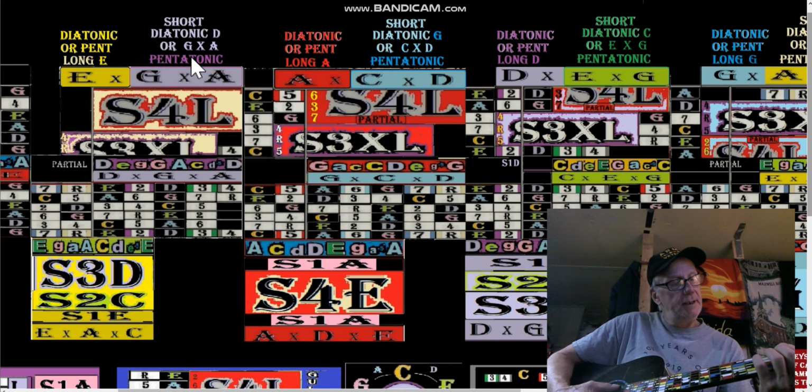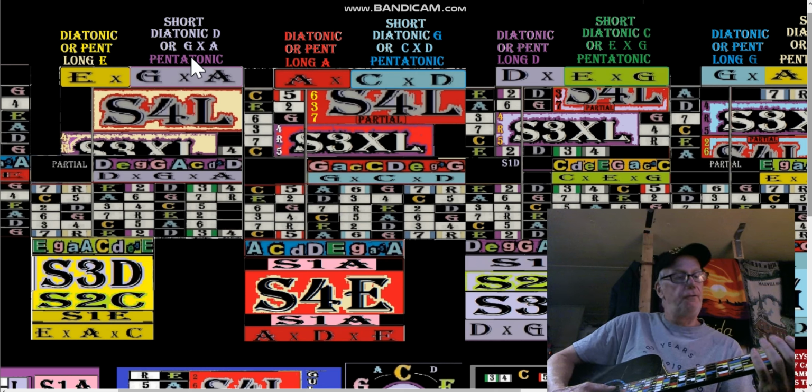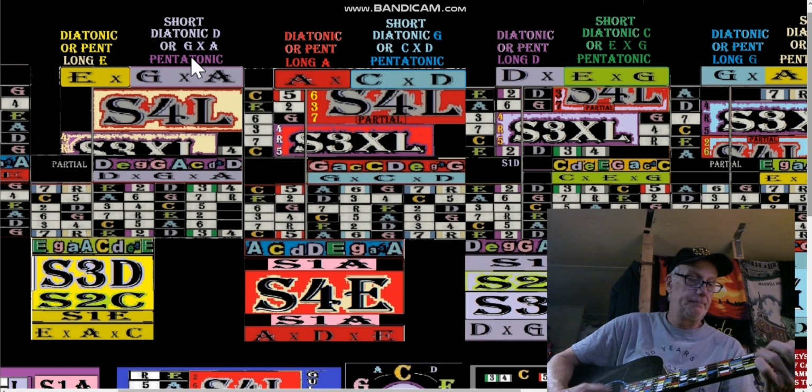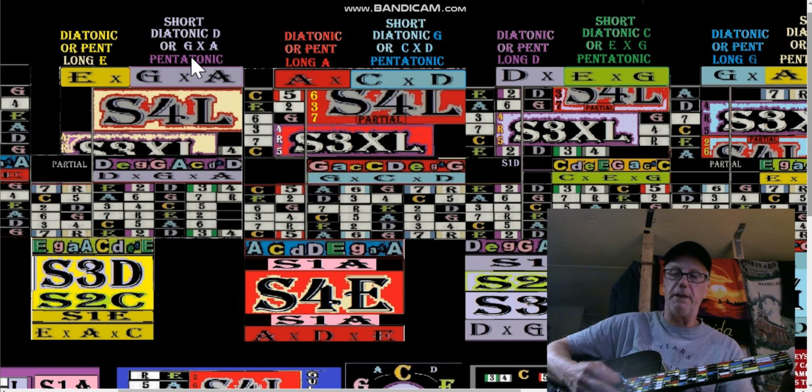So it would be like I said, we played that D diatonic. Now the fourth, we're only going to play the pentatonic. So that would be G shape. So if we start the root from down here, it's a little easier.